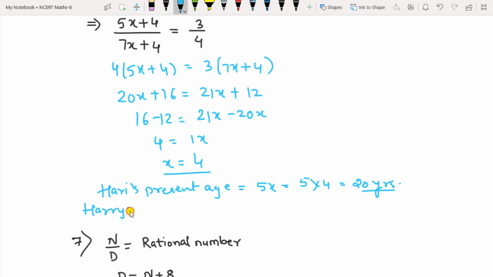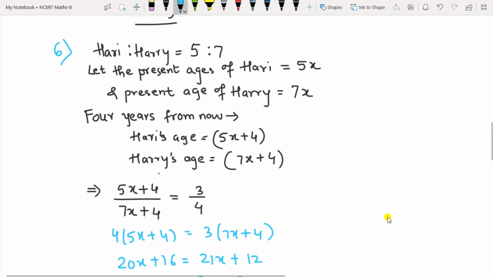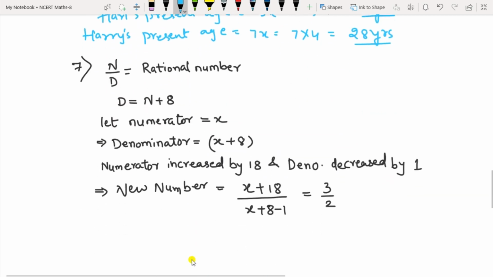And Harry's present age is 7x. That is 7 into 4 is 28 years. Okay. So first write all these sentences given and then solve the equation.